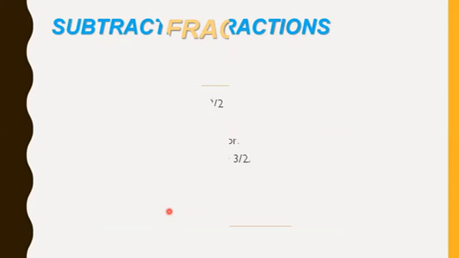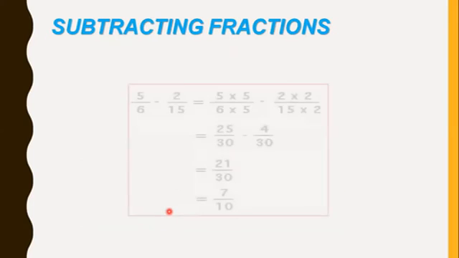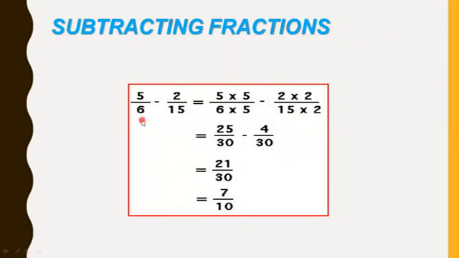Now let us see how you will subtract. Subtraction of fractions in the case of different denominators: 5 by 6 minus 2 by 15 is the example. Here 6 and 15 are different denominators, so you have to take the LCM of 6 and 15. You can multiply 5 by 6 into 5 minus 2 by 15 into 2.